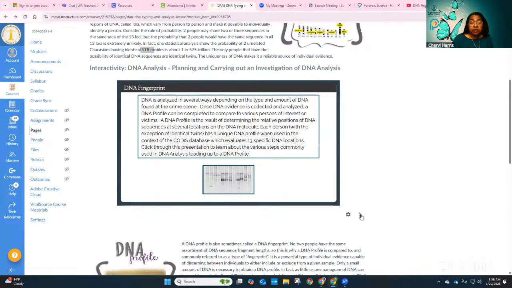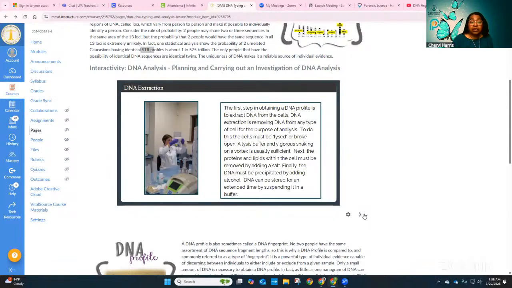Okay, so DNA profiling, and again, the profile is like a fingerprint in that the profile will be unique to just you. But he also mentioned that there are some similarities. In other words, everybody has eyes, everybody has ears. So some of your DNA will be coding for the things that everybody has.